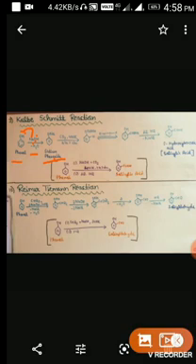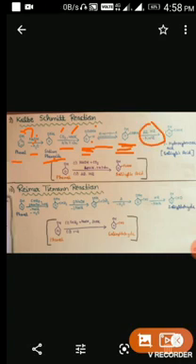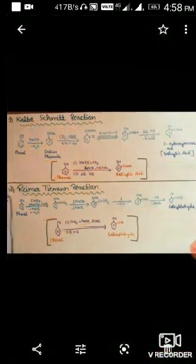Now sodium phenoxide is reacted with CO2 at 400 Kelvin and 4 to 7 atm pressure, and this intermediate product is formed. On rearrangement, Na and H will change their place and this product will be formed. On acidification with dilute HCl, NaCl will be removed and we will get salicylic acid, which is 2-hydroxybenzoic acid. So this whole reaction is termed as Kolbe-Schmitt reaction.